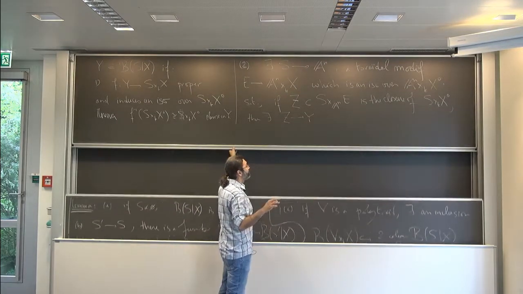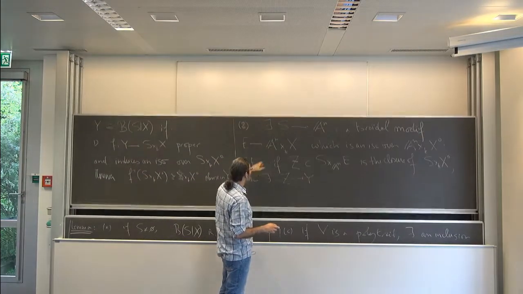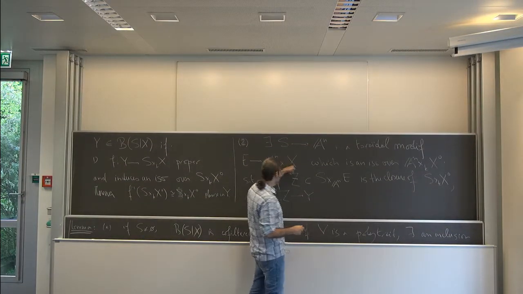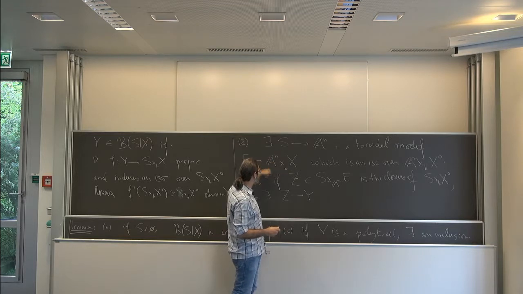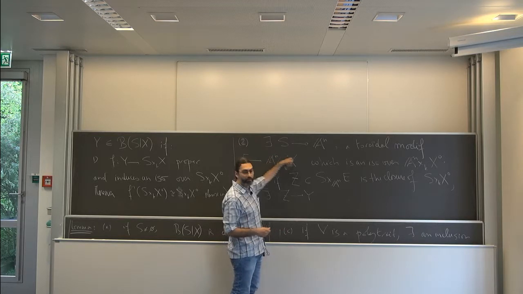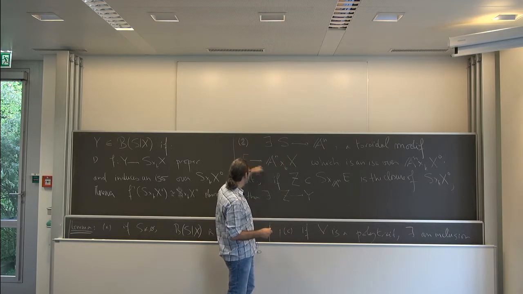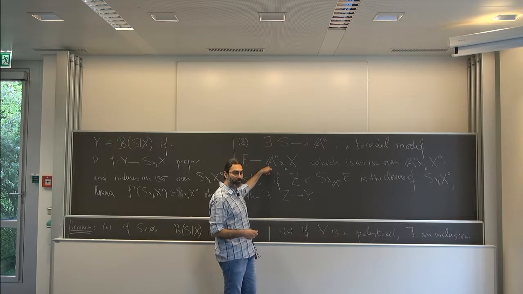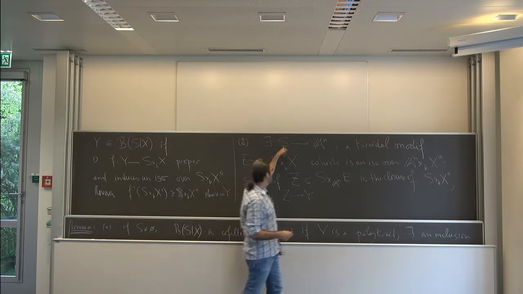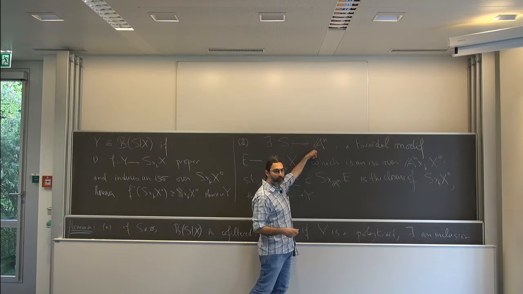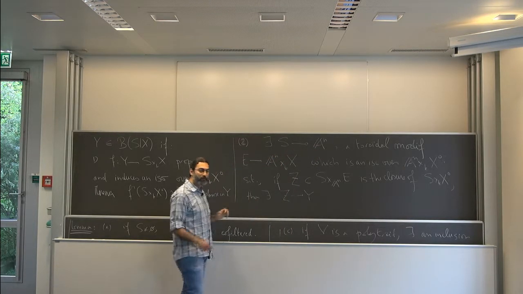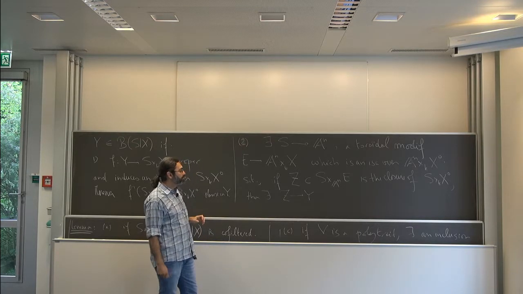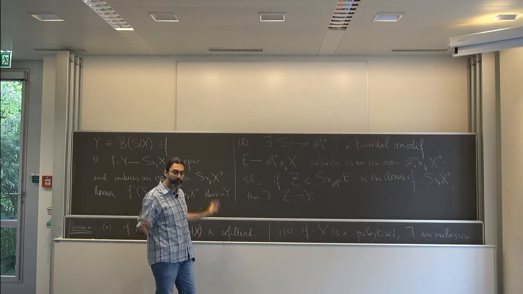Let me say it again. A^N times X is of course toroidally stratified, and the product also. And E is a modification of this toroidally stratified scheme. But then the morphism S to A^N is any morphism. Not proper, not dominant. Any morphism.